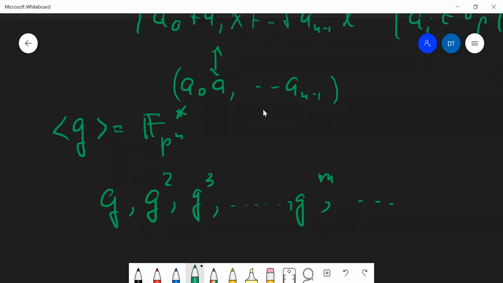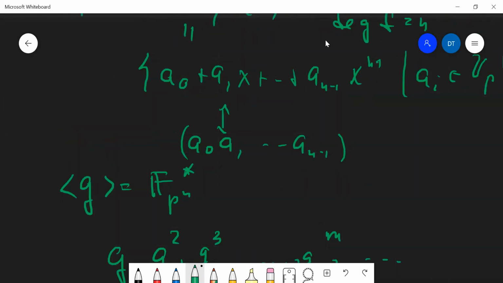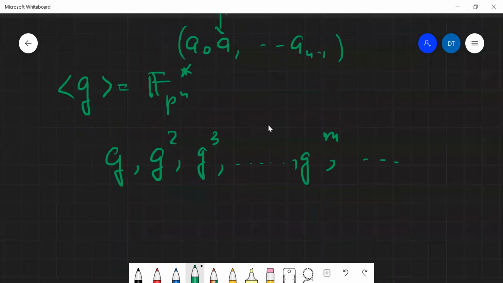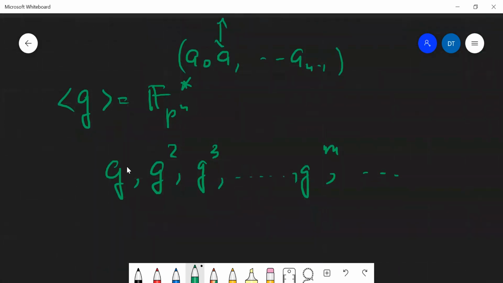Then each power corresponds to a polynomial of this form, and each polynomial of this form gives you a sequence of coefficients, which gives you a random sequence of length n. This is how it works, and that's it.